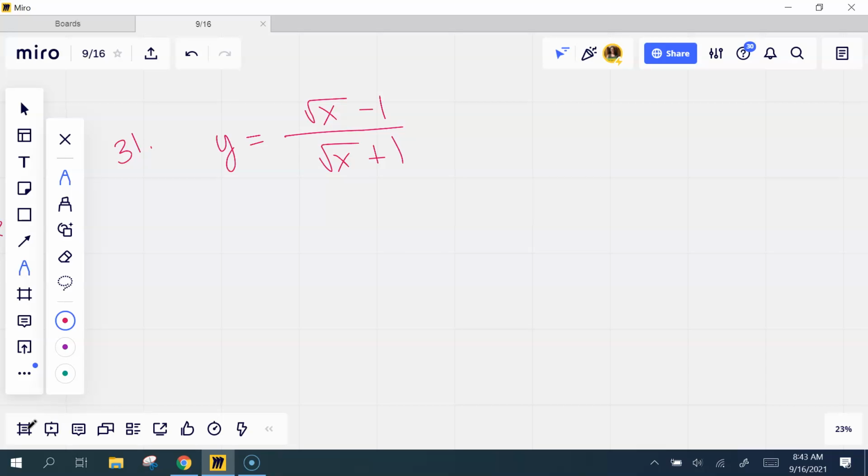Change square root of x to an exponent for me. 1 over 2 minus 1. Is exponent 1/2. She was like, the bell. What's that work though?